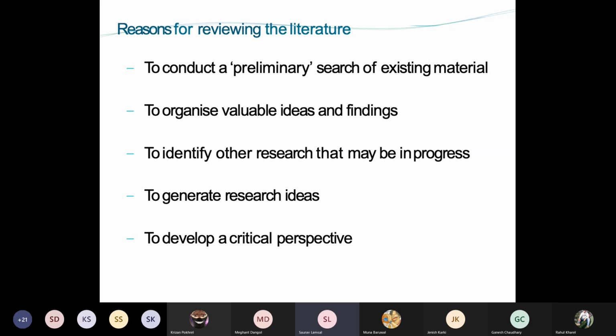We review the literature, but what is the advantage of reviewing the literature, or why are we doing this? We are doing it to organize the valuable ideas, identify other research that may be in progress, and develop a critical perspective. These are the different things. But what kind of things are applicable? That one statement that I showed on the previous slide. Can you say that?